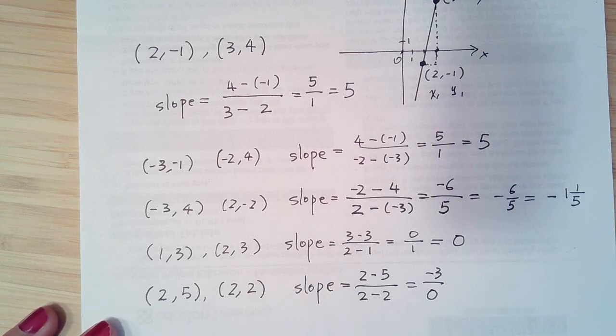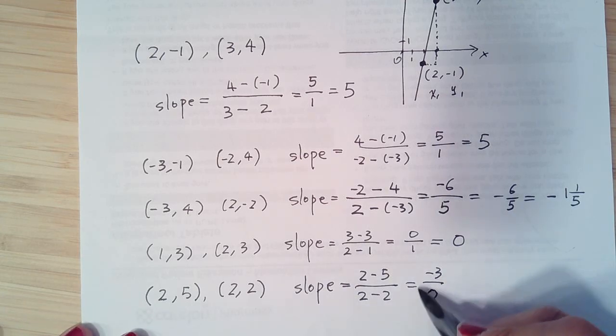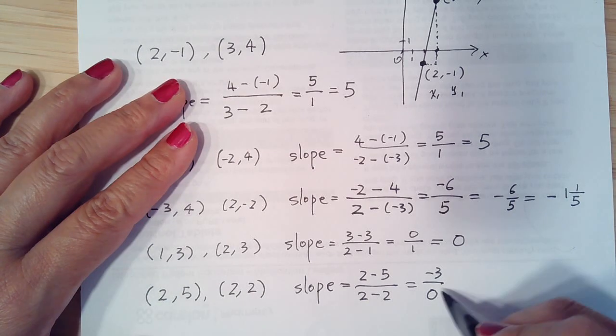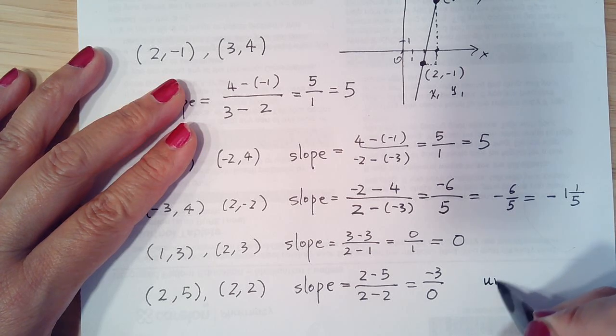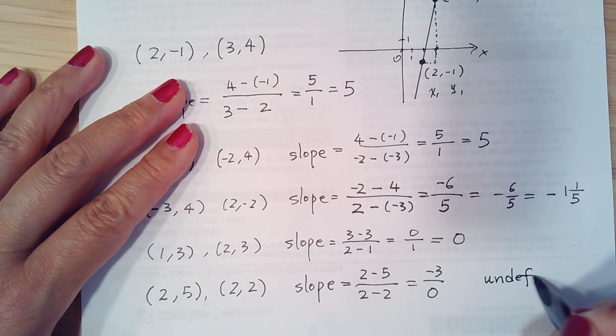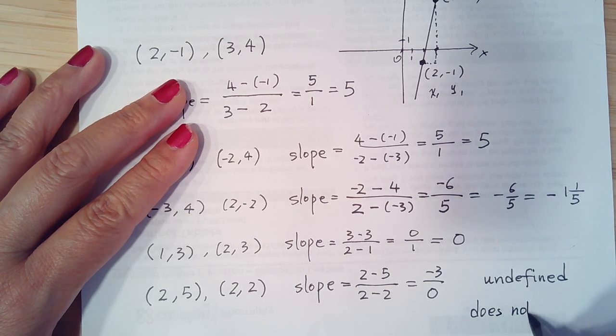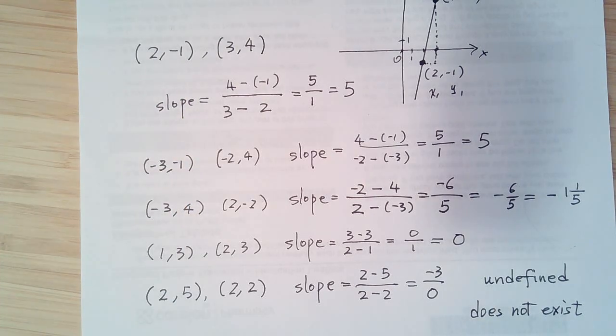Okay, it's special. So if you see this, you know that we're not going to divide by 0, right? So if you get -3/0, then we're going to say this slope is undefined. Or you can say does not exist. It doesn't matter which way you write, both are correct. So the slope is undefined or the slope doesn't exist.